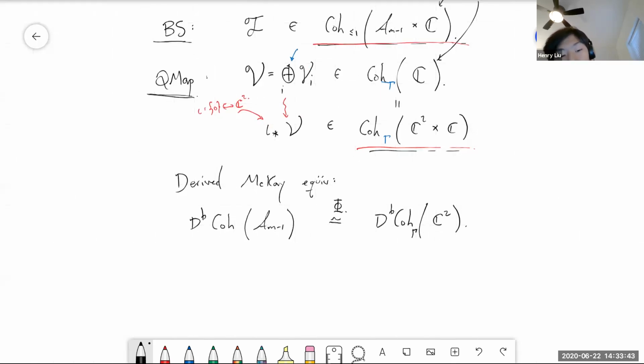But actually, using this derived McKay equivalence, it's pretty straightforward to see that fixed points are in bijection. That's essentially a short computation, once you've obtained an explicit description of fixed points. And it's also a short computation to see that the virtual tangent sheaves match. And really the annoying part is to match the stability conditions.